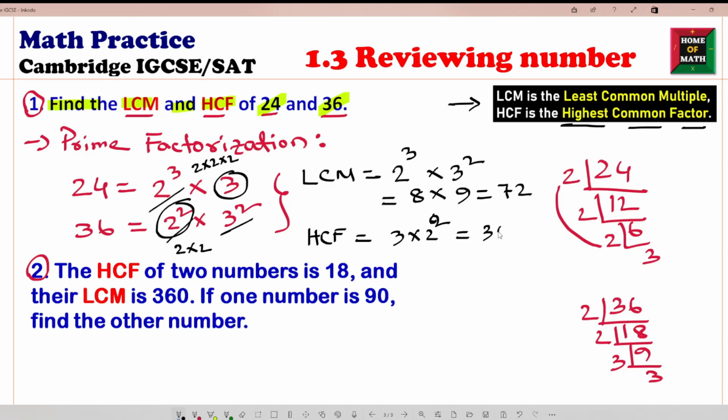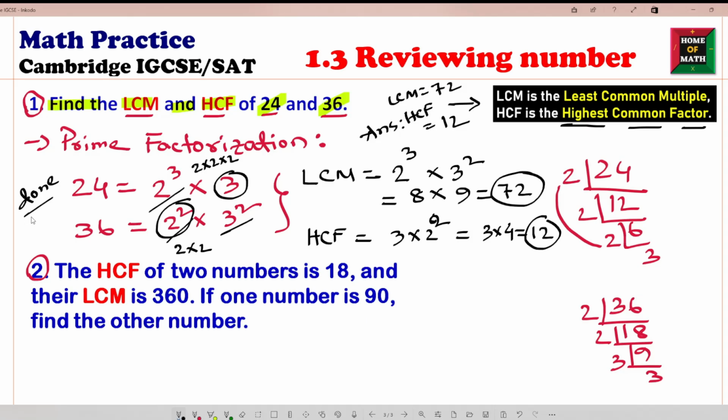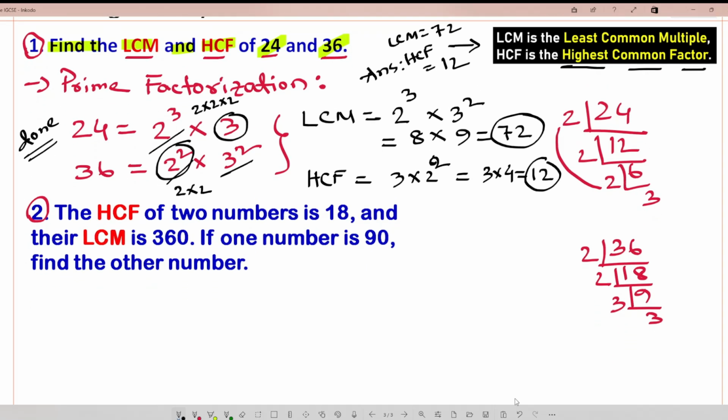It means 3 times 4. The answer is 12. So 24 and 36, LCM is 72, HCF is 12, and this is our answer. Clear this one? So number 1 done. Next question.